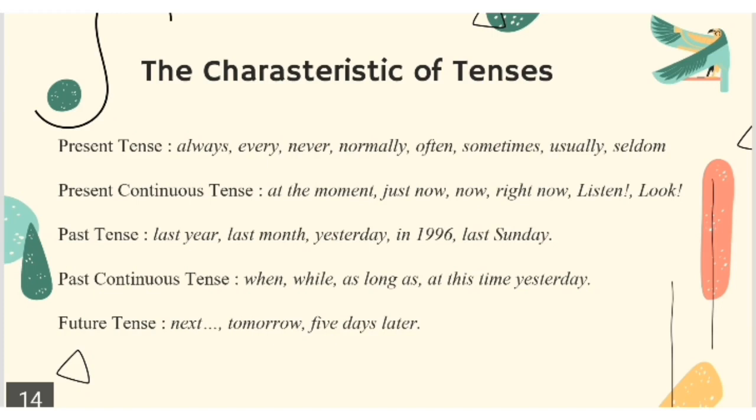For past tense, we use last year, last month, yesterday, in 1996, and last Sunday. For past continuous tense, we use when, while, as long as, at this time, yesterday. And the last one is for future tense. We normally use words like next, which means next year, next month, next week, like that. Tomorrow, 5 days later.